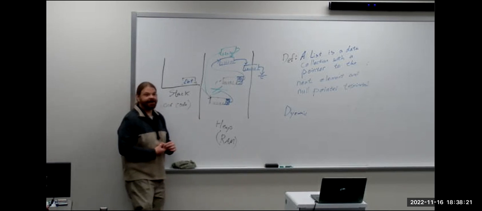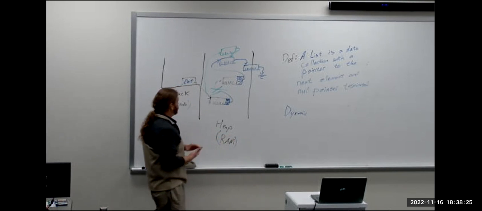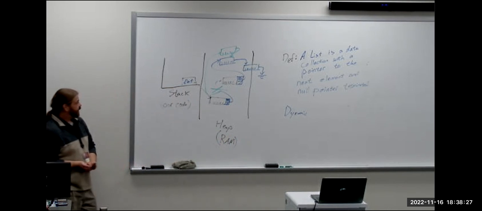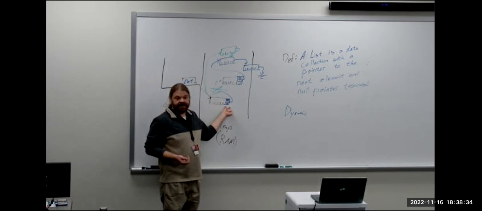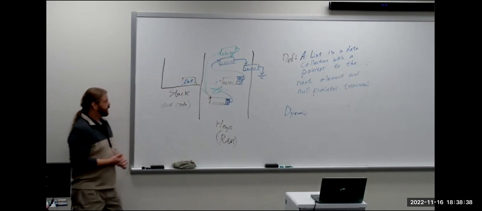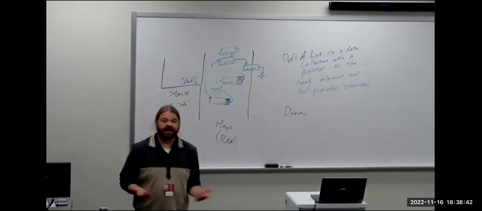We'll just say array over and over again. But does that picture make sense? We just add a little bit on the end that points at the next thing. And with arrays and lists, we index them with integers.